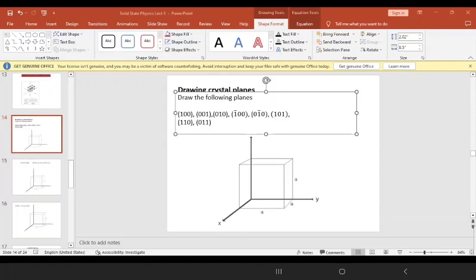BS 171, you are right. Your answer was right, but I didn't comment because I don't know your WhatsApp number.